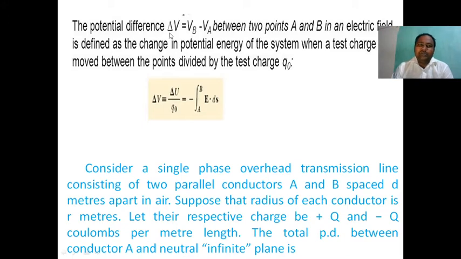The difference between two potentials delta V is equal to VB minus VA, or VR2 minus VR1, whichever two points we consider. The main criterion is that the potential difference always opposes the electric field intensity.